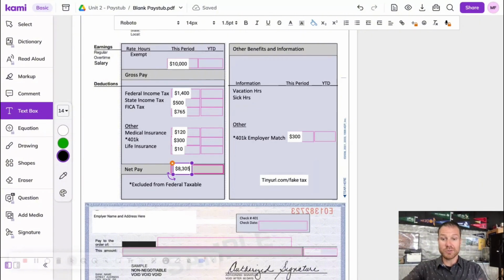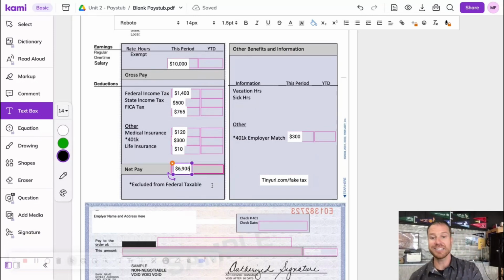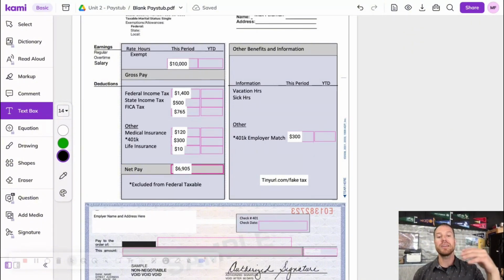That leaves me with $6,905. That $6,905 ends up being my net income. That is the pay that I earn after all of my deductions are taken out.